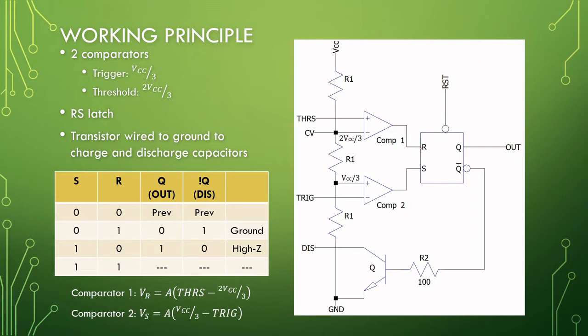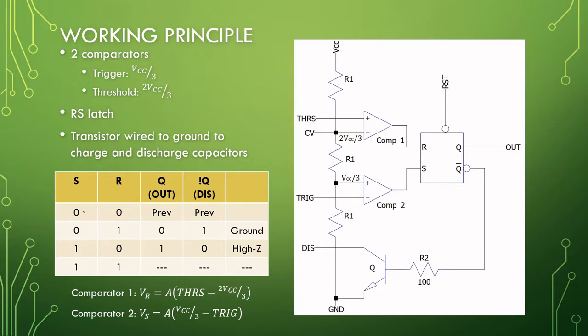Reset is when you need to force this timer into a reset state. Output is typically where we will be seeing our waveform. Okay, so everything around here is around these two comparators and this RS latch.